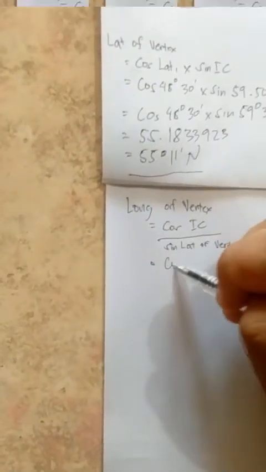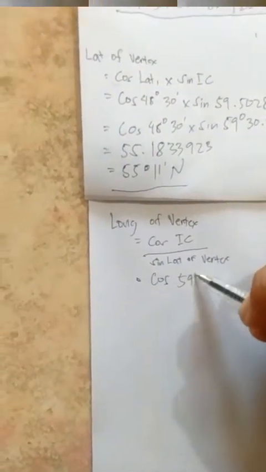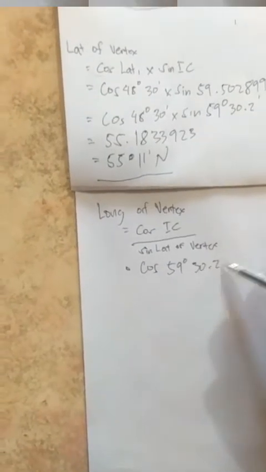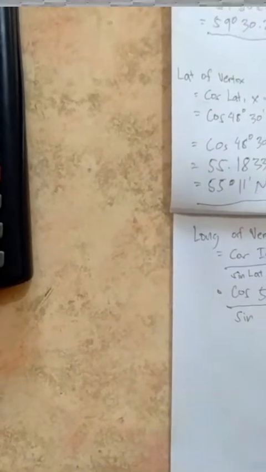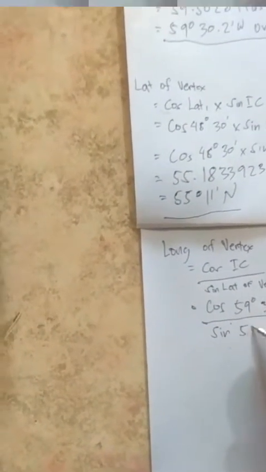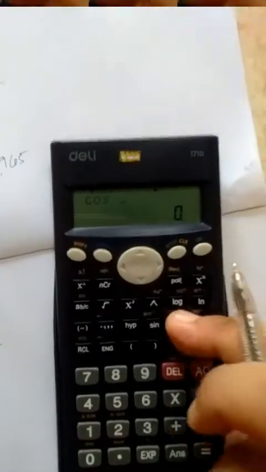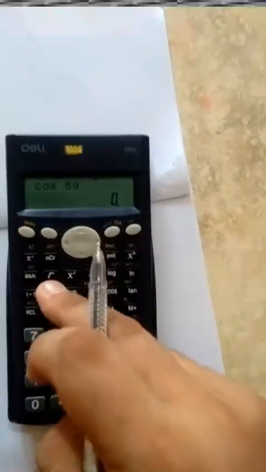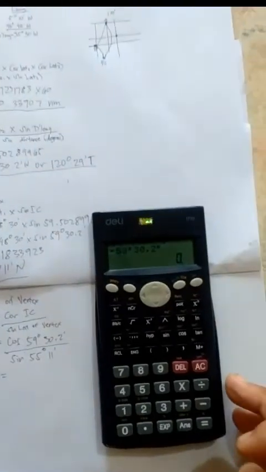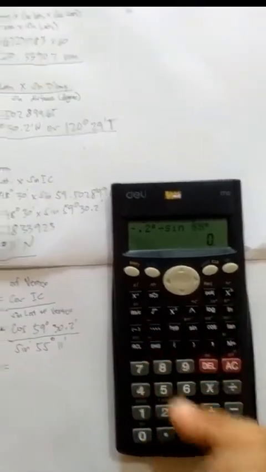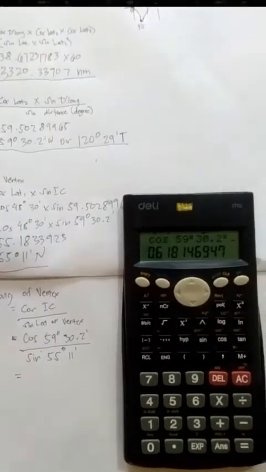Cos 59 degrees 30.2 minutes over sine 55 degrees 11 minutes.